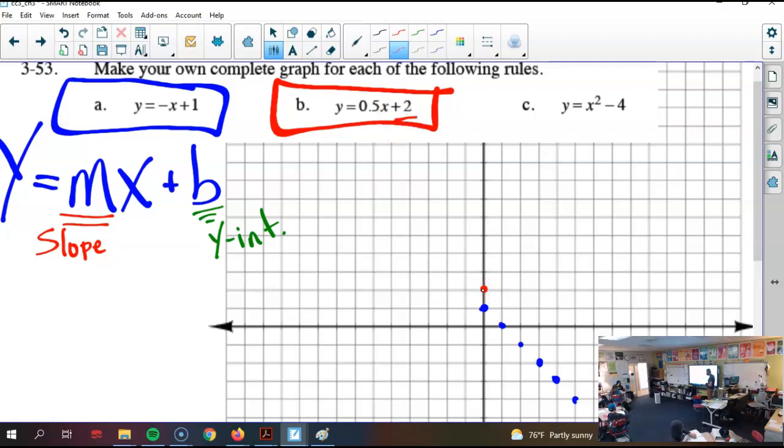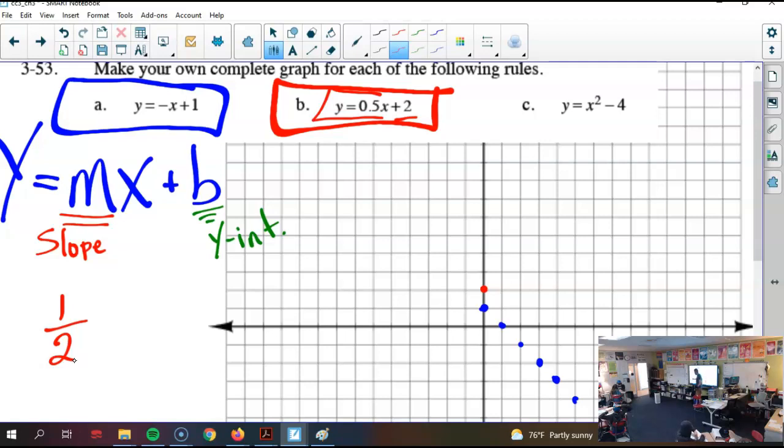And then you go 0.5. Now this, again, I'm going to die on my hill of I don't like decimals. I mean, actually, I shouldn't say that. It's not that I don't like them. Fractions are just better. When we're talking about slope, saying a slope of 1/2 makes more sense than saying a slope of 0.5. Because this, as we talked about yesterday, is rise over run.